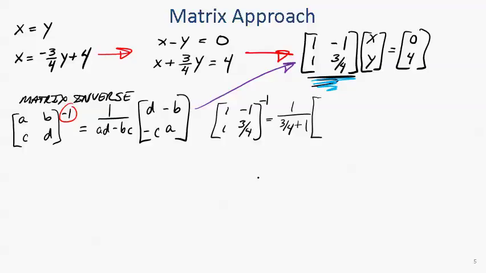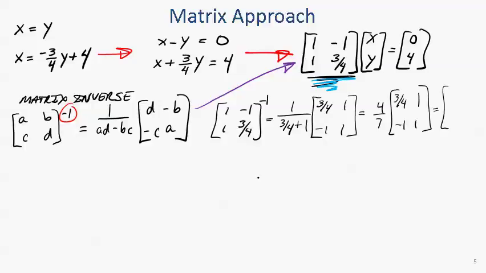Then we swap these components around, and we negate the off-diagonal ones. If we work through this fraction, you'll end up with 4/7 times 3/4, 1 minus 1, 1, which gives you 4/7 times 3/4, 1, minus 1, 1. That is our inverse.